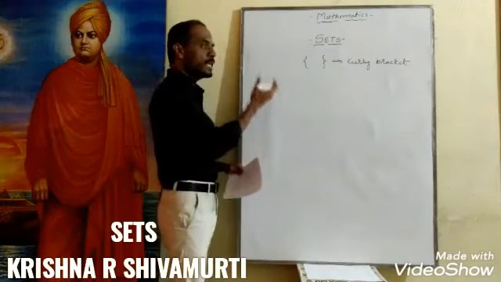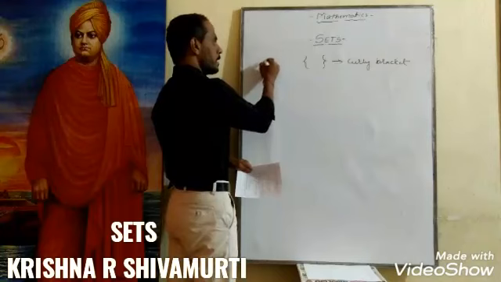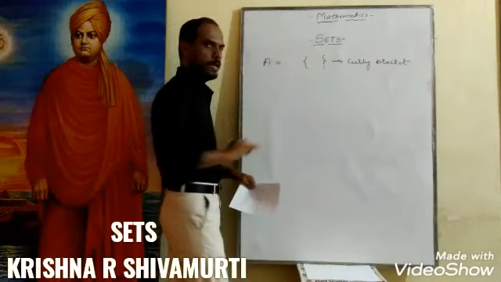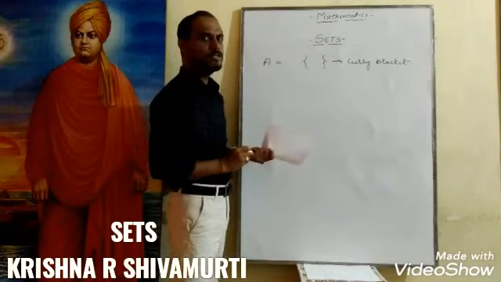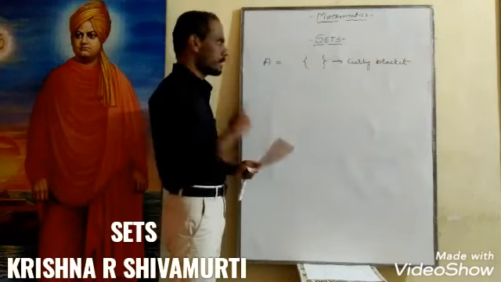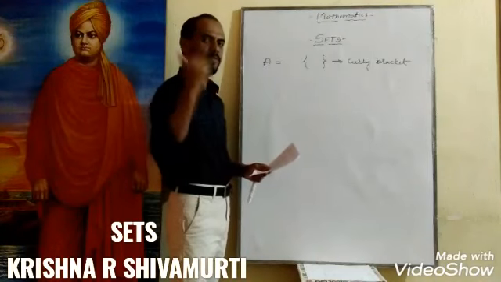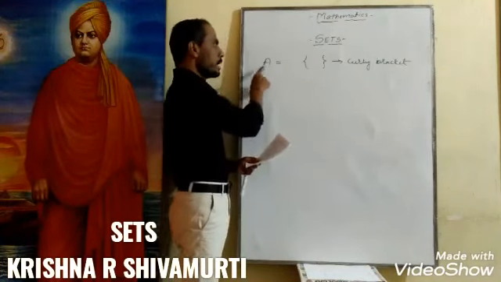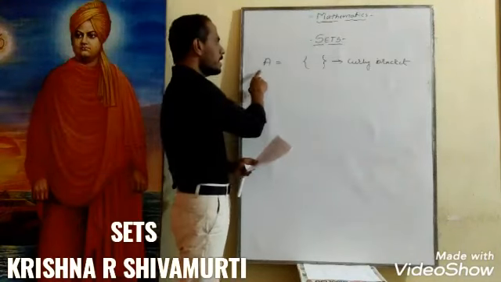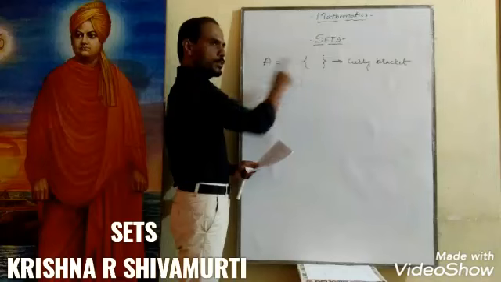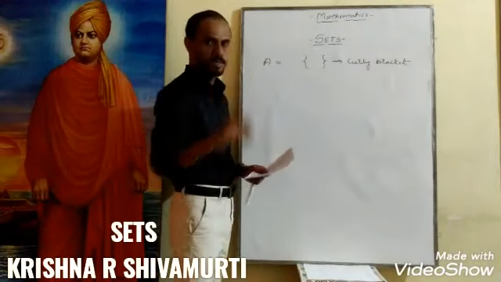The set representation symbol is an English capital letter, A or B, A to Z, whatever letter of the alphabet we can use, but it should be a capital letter. Some standard notation is there; later I will explain everything. This is read as set A is equal to.